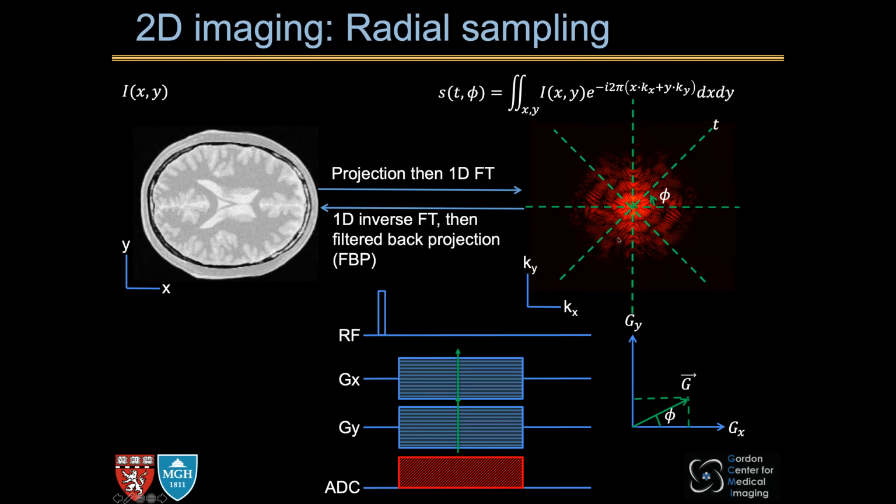The acquired data is a Fourier transform of the projection along a direction that is perpendicular to the applied gradient direction. So image reconstruction is pretty straightforward. Given one acquisition at one angle, we first apply a 1D inverse Fourier transform to get back the projection. And then if we have projections at different angles, we can apply the conventional filtered back projection to reconstruct the image.